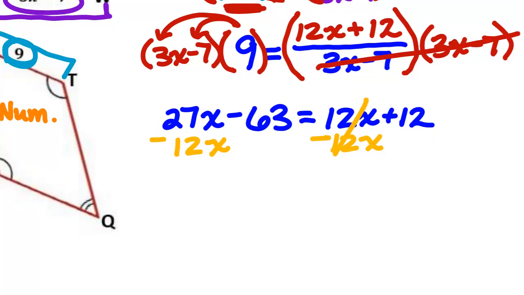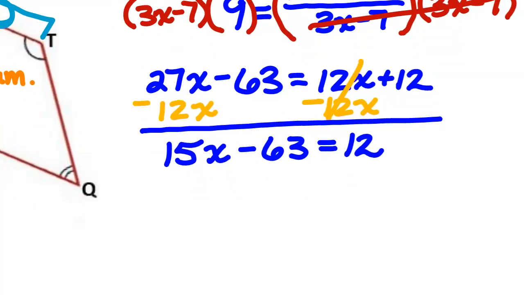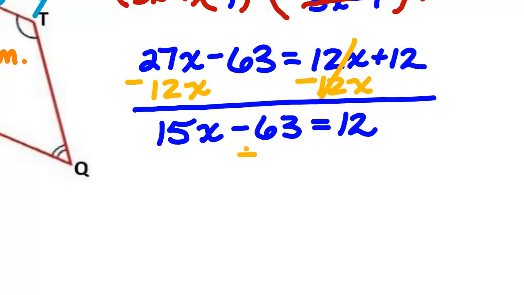What is 27x minus 12x? 15x. 15x minus 63 equals 12. What should we do now? Add 63 to both sides.